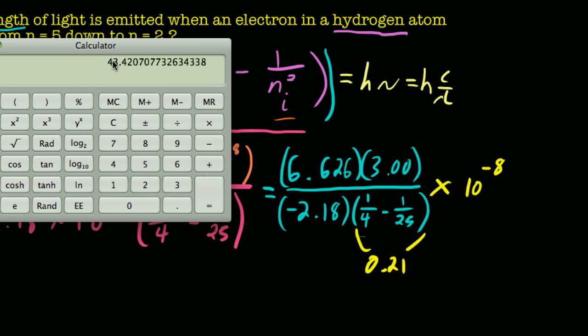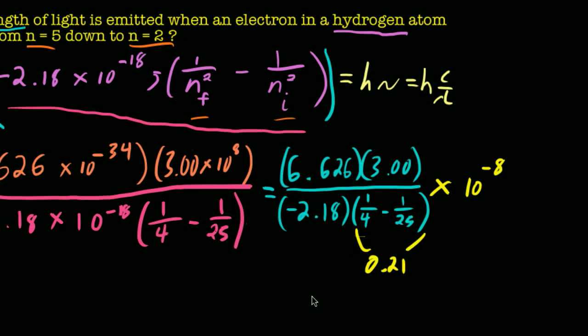So we say that this is going to be negative 43.42 for right now. Times 10 to the minus 8, and we're looking for wavelength, so wavelength is going to be measured in meters.